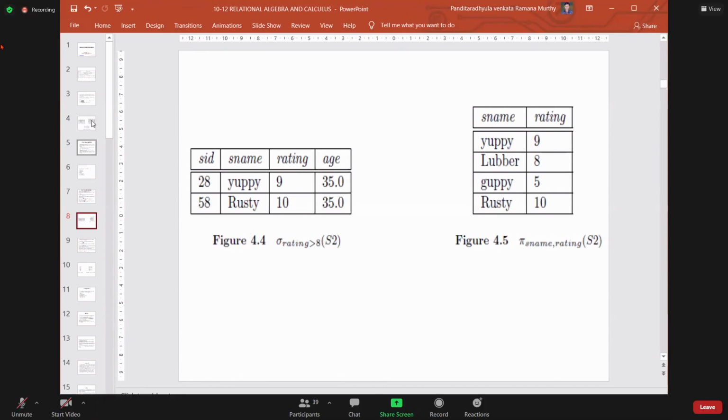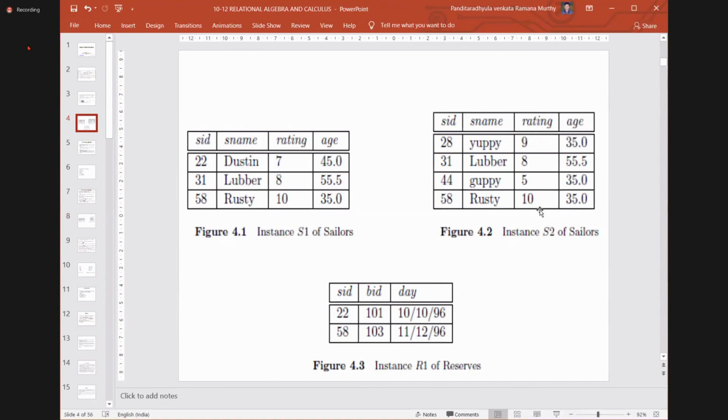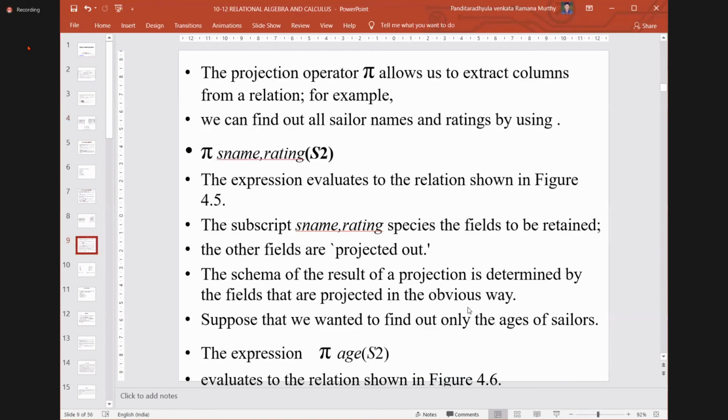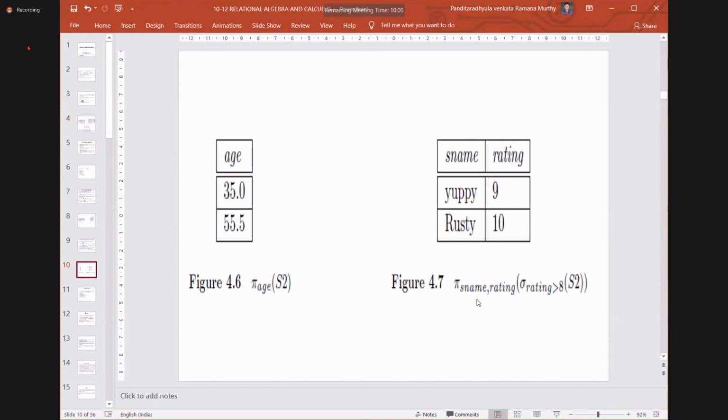Unconditionally, if you project on S2, it gives S name and rating of these 4 rows. I don't want these 4 rows. From these, I want only those where the rating value is greater than 8. The qualified values are UP and Rusty only. Then I can use the projection on S name and rating.